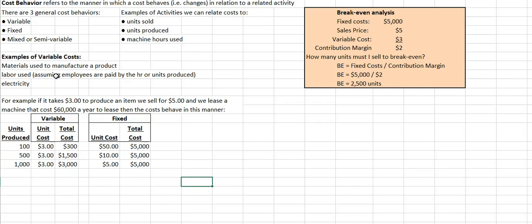Those two employees are touching the product, and that's known as direct labor, and we're just going to assume that those employees are paid, for example, by the hour or by units produced. So as I produce more units, typically that cost is going to go up. That's why it's known as variable.